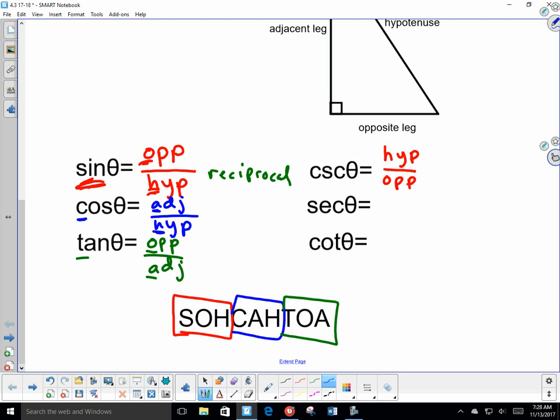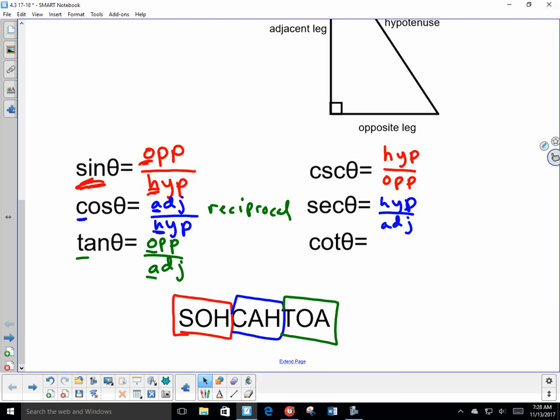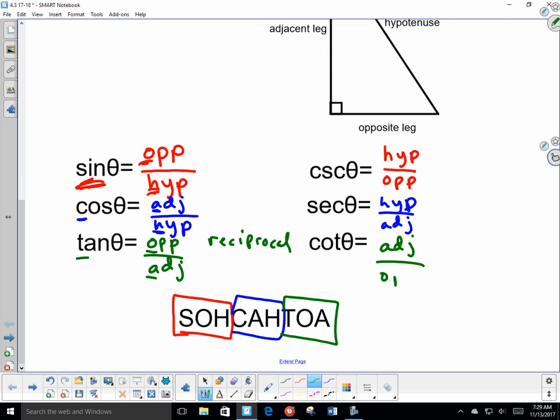The secant is the reciprocal of cosine, so we can write secant as hypotenuse over adjacent. And cotangent is the reciprocal of tangent, so we can write this as adjacent over opposite. So those are your trig functions for a right triangle.